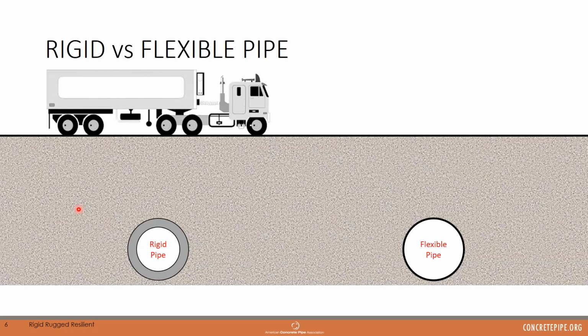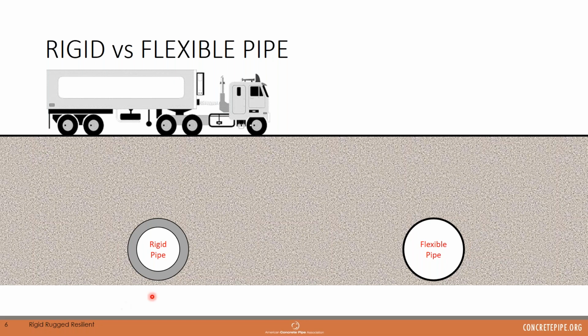Now, just to give you a brief overview of how rigid and flexible pipe behave, the best explanation I ever saw was in a textbook called Buried Pipe Design by A.P. Moser, where he uses the analogy of soil springs to explain how rigid and flexible pipe behave differently.